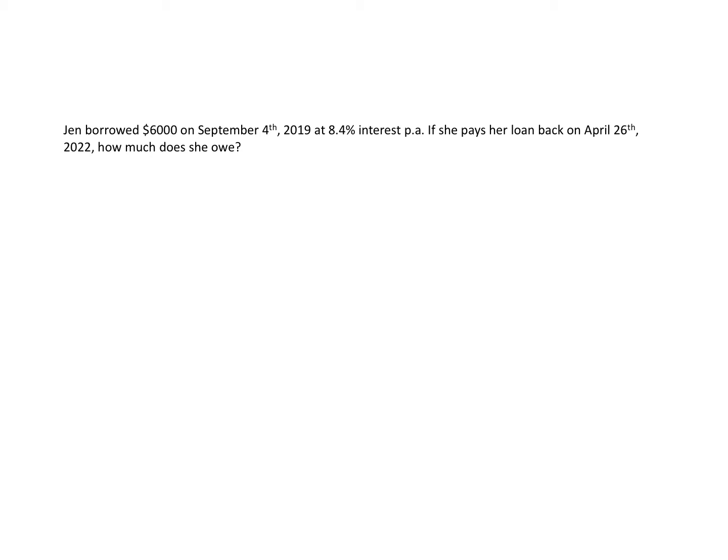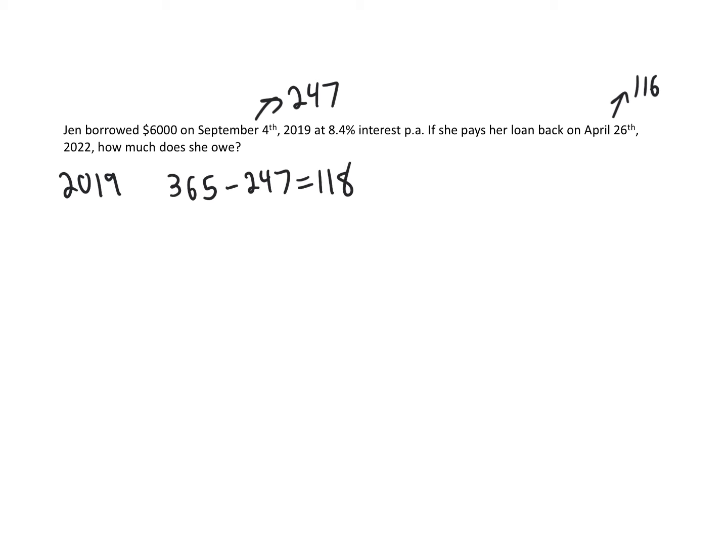Now September 4th, if you look that up in your dates table, this corresponds to day 247. April 26th, if you look this up, is day 116. So now we also have to figure out the years. So we have 2019 would have 365 days, but we're already 247 days in, so we get 118.